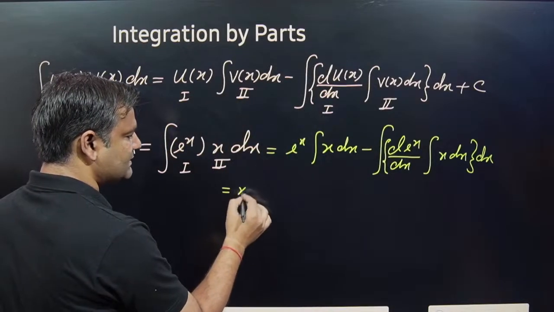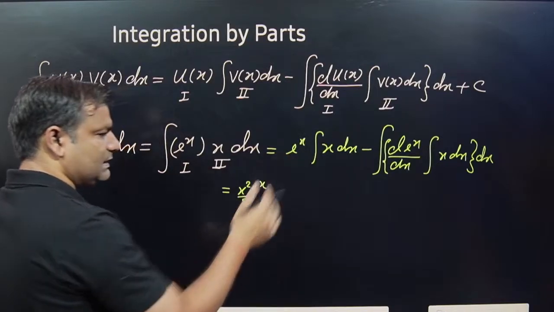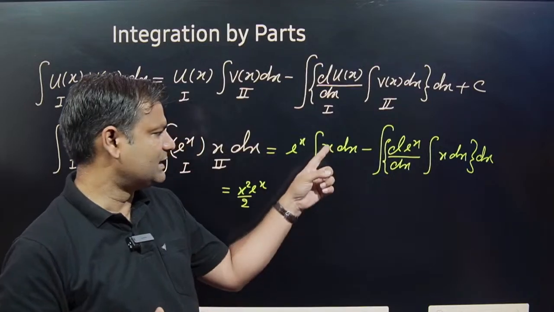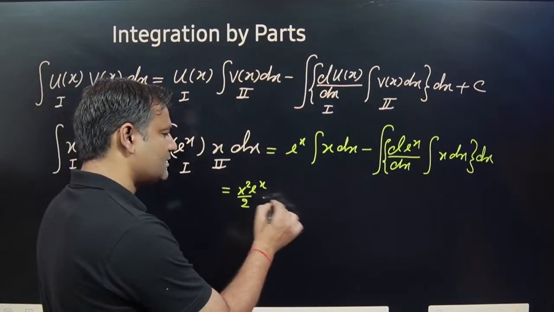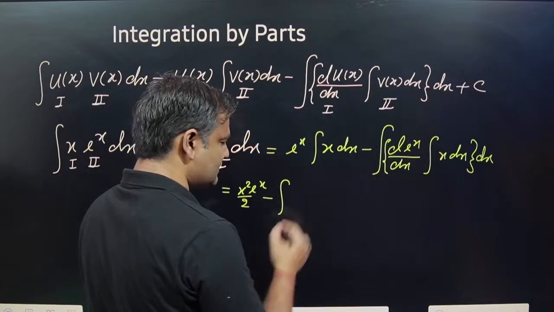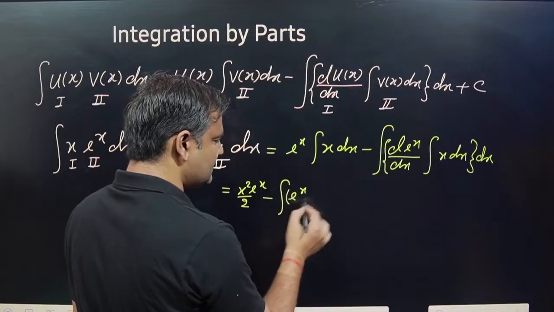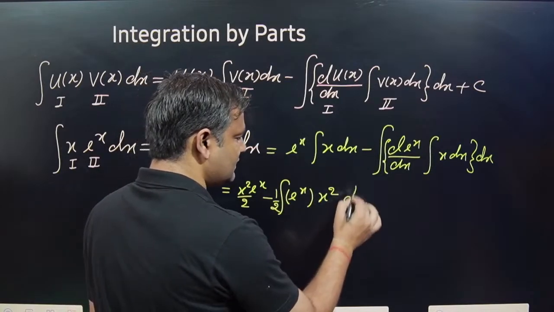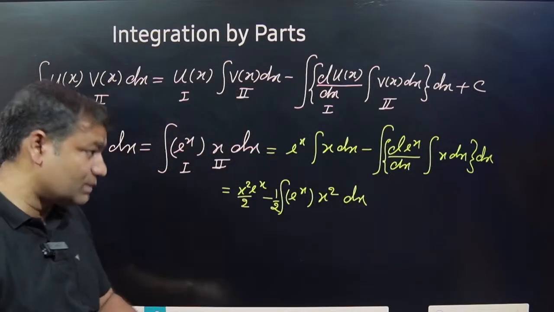Integration of x is how much? x square by 2. So here x square by 2 into e to power x minus, what is the value of derivative of e to power x divided by dx? Simply we get e to power x. And this one is written x square by 2, so this is written 2 into dx. Now once again integrate.